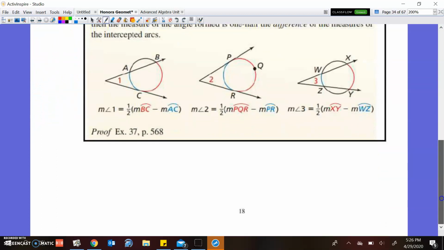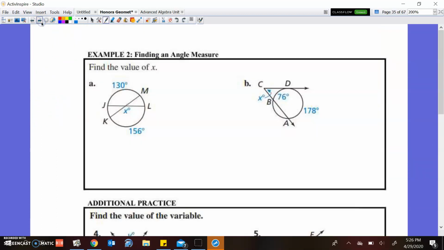Okay, if you could with me, turn the page. We're going to just try one or two of these. We'll do the intersection outside for the next lesson. So notice that they're intersecting inside the circle. So my formula is going to be that x degrees is going to be equal to 1/2 of the measure of arc KL plus the measure of arc JM.